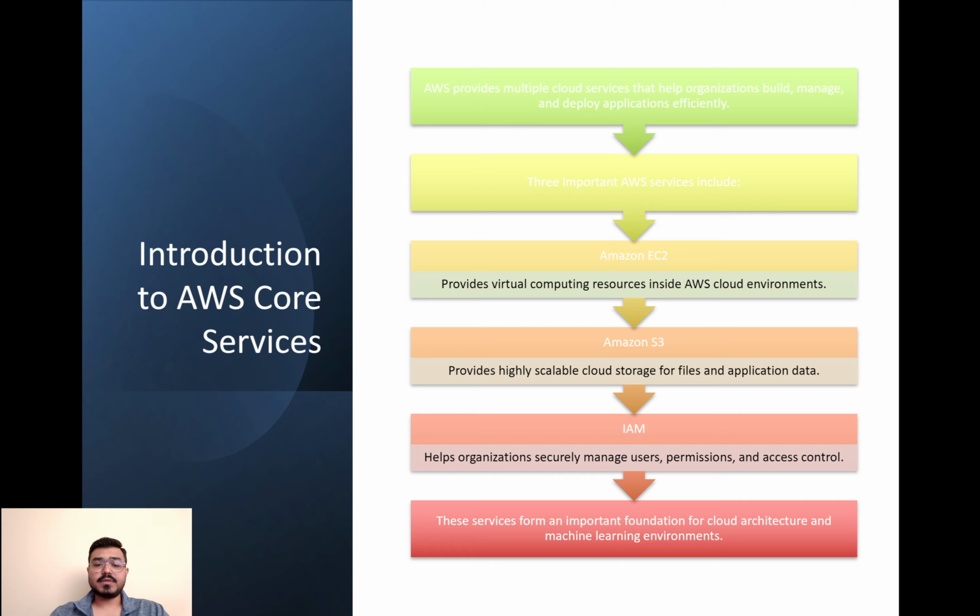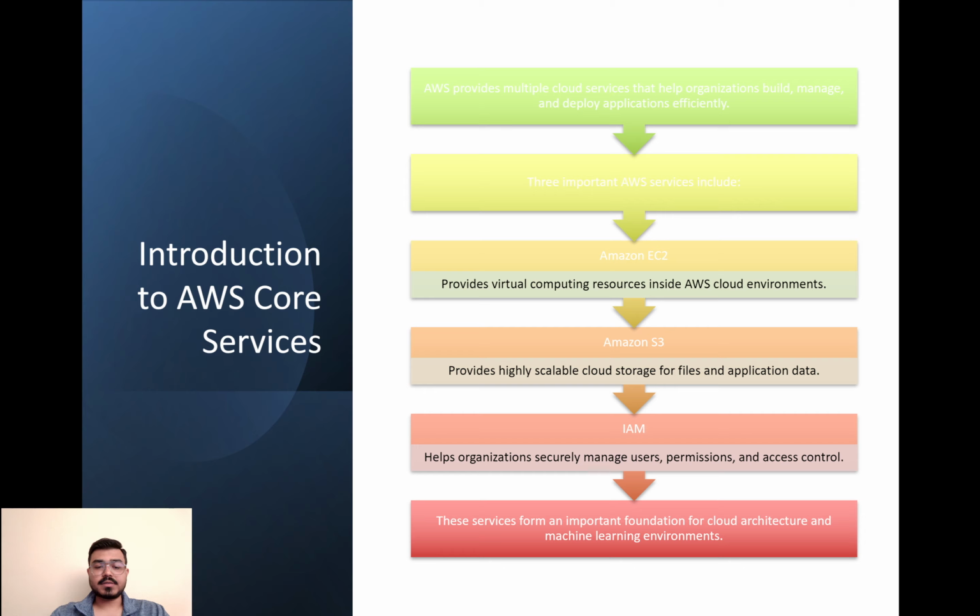Instead of purchasing physical servers, organizations can create virtual servers directly in AWS. The second service is Amazon S3. Amazon S3 provides highly scalable cloud storage for files and application data. Organizations use S3 to store documents, backups, datasets, and application resources securely.